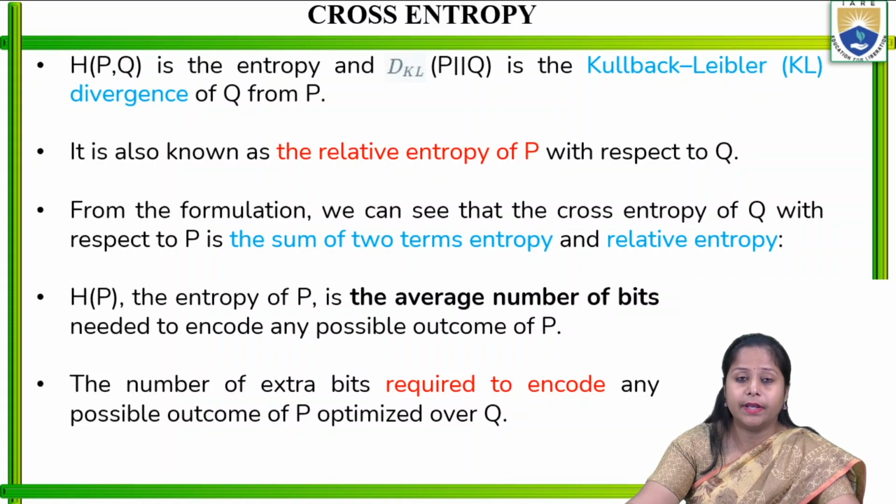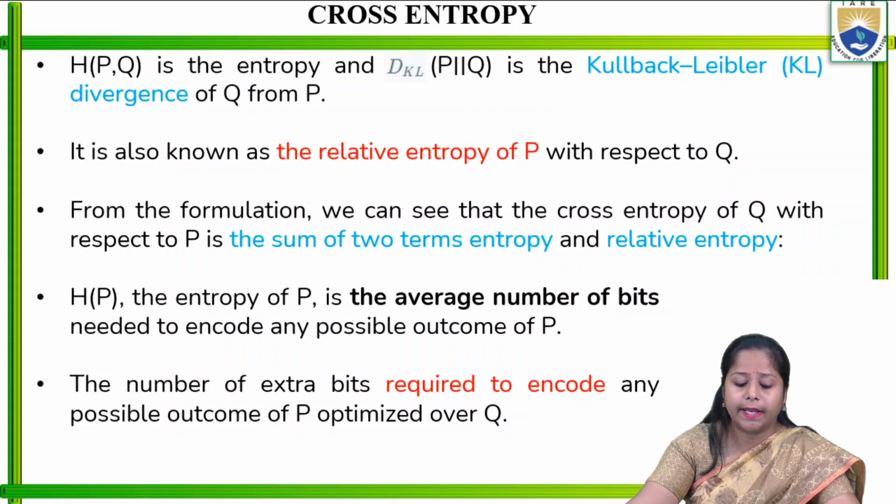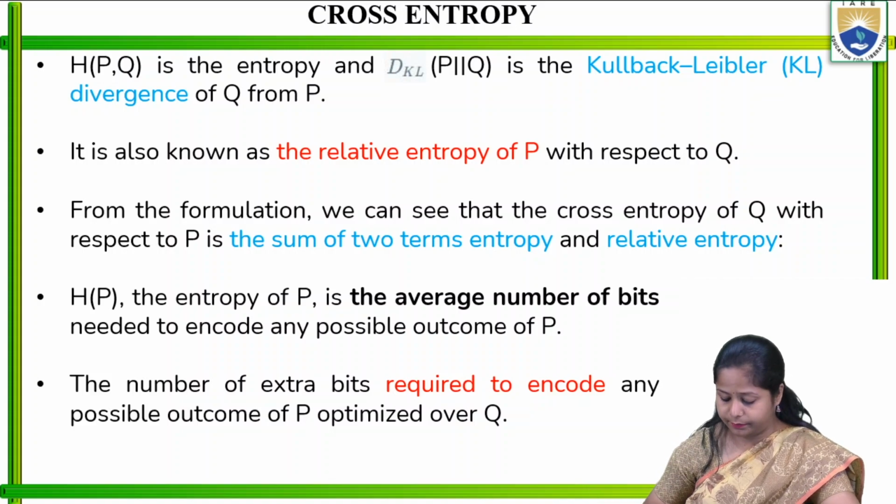H of P is the entropy for P, the average number of bits needed to encode any possible outcome of P. The second term is the number of extra bits required to encode any possible outcome of P optimized over Q, which is given by the Kullback-Leibler divergence.